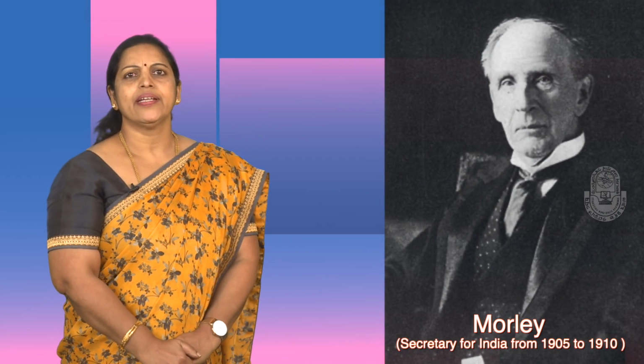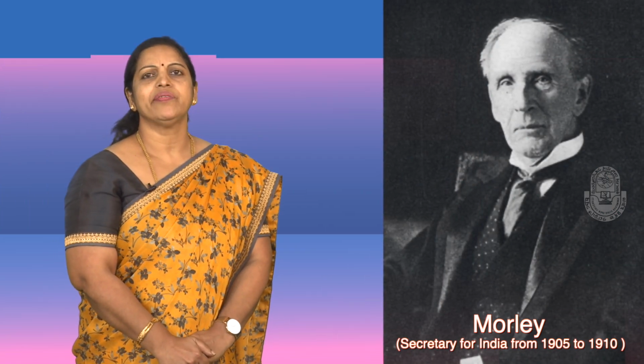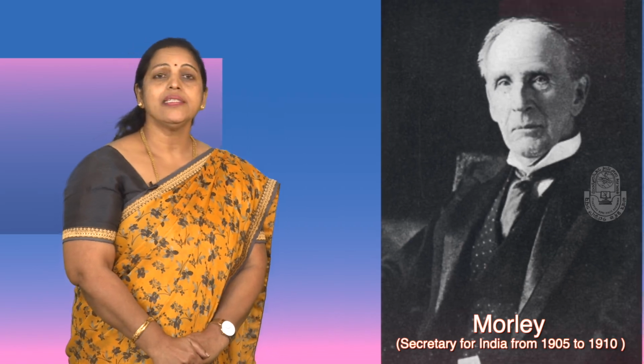By this act, the powers of the Crown were exercised by the Secretary of State for India, assisted by a Council of 15 members. The Secretary of State, who is responsible to the British government, administered India through the Governor General of India.